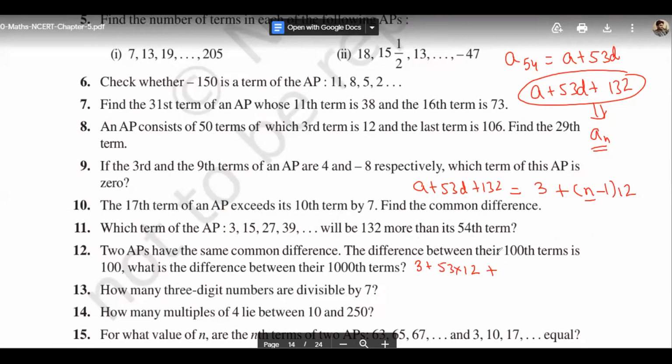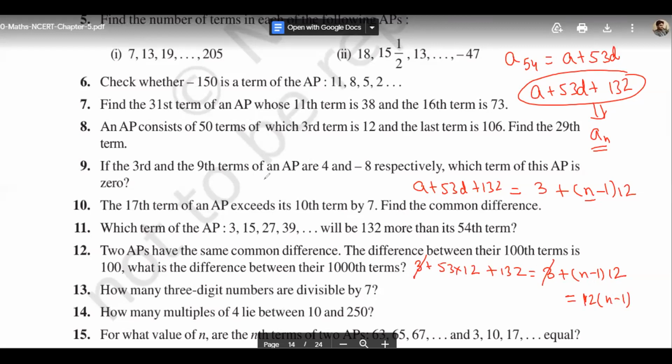Then you find that 132 is equal to 3 plus (n minus 1) into 12. So this positive 3 and this 3 will get cancelled out, because it will go to that side and become minus. Now here we have 12 bracket n minus 1 is equal to 53 into 12 plus 132.